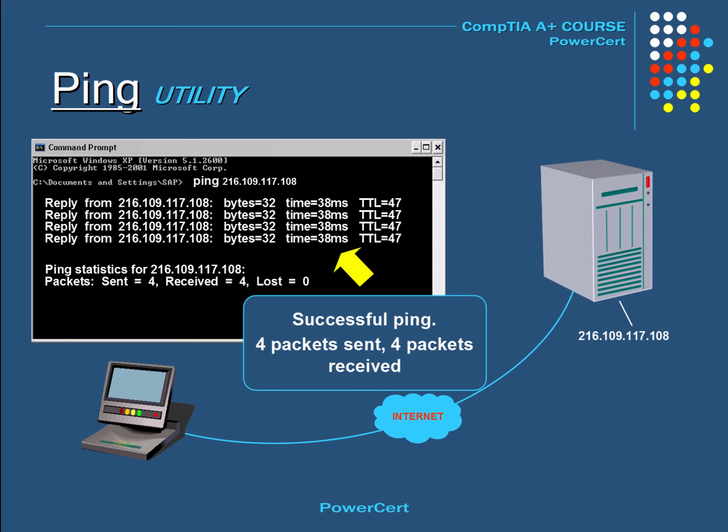For example, if we received a reply, then that means that there is general network connectivity between us and the destination. But if we did not get a reply from the host, it could mean that there is no network connectivity between us.